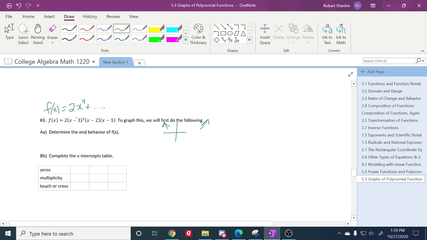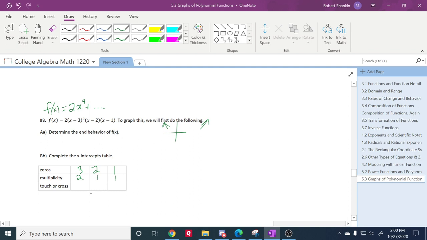Okay, let me do it. Shouldn't the zeros be x is equal to 3, x is equal to 2, and x is equal to 1? That's right. All the ones that would cause the y to be 0. And then the multiplicity would be 2 and then 1, 1. Very good, because you just look at the exponents associated with those.